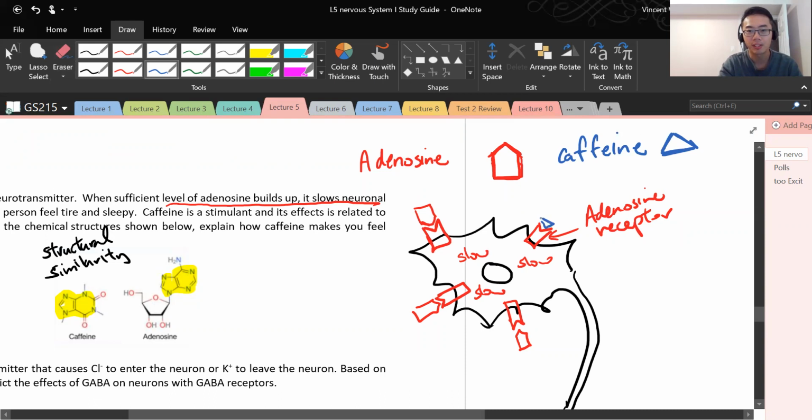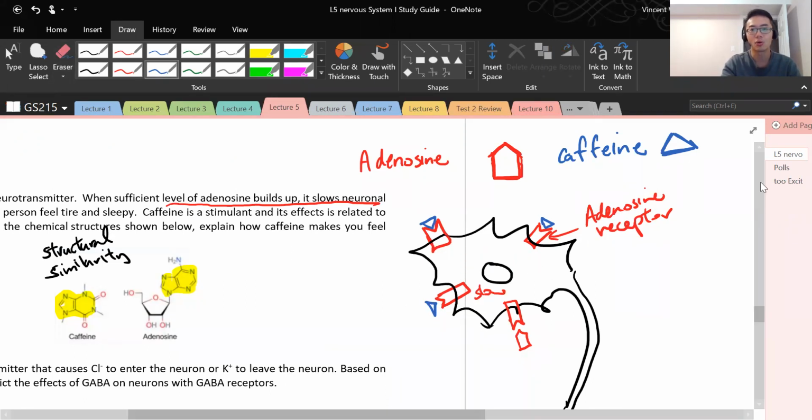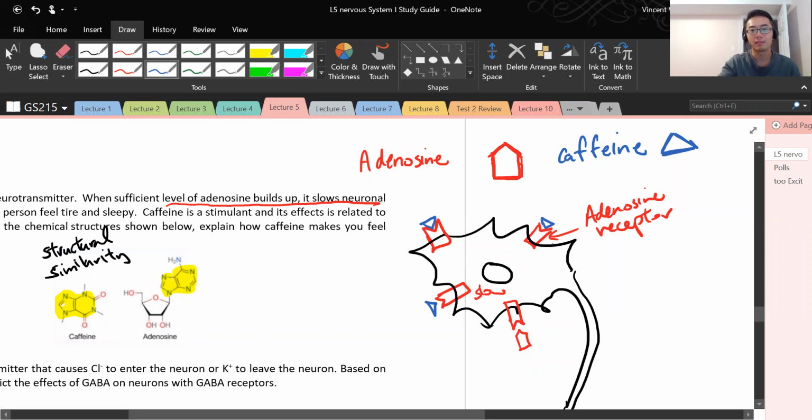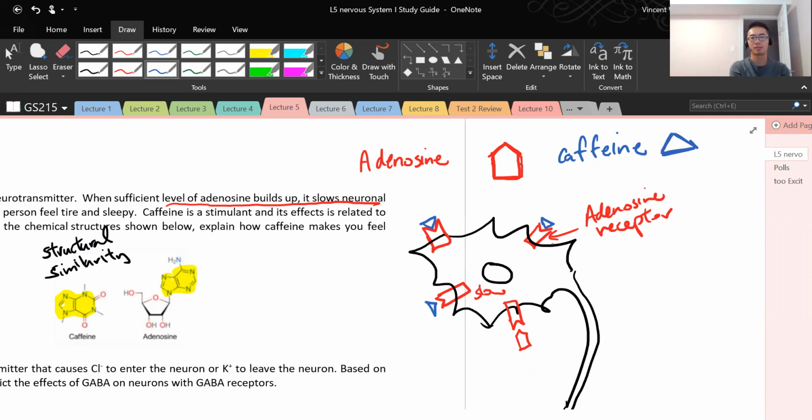So it will bind to some of the empty receptors. It might even knock out some of the adenosine and replace them. And so it takes away some of the slow signal, and then you will feel energized. That's basically how caffeine works. Does that make sense?